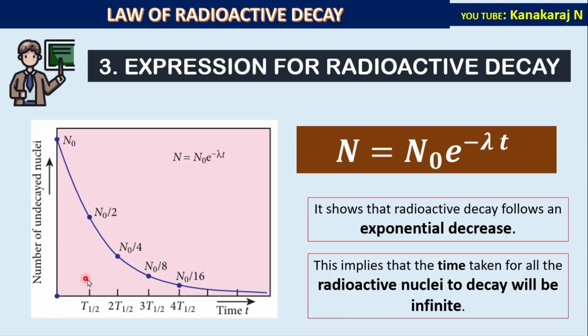After another half-life, N0 upon 4 remains. So every half-life period, half the amount has decayed and half has been retained undecayed. So it takes infinite time to completely decay. If you look at the graph, the curve never touches the x-axis.